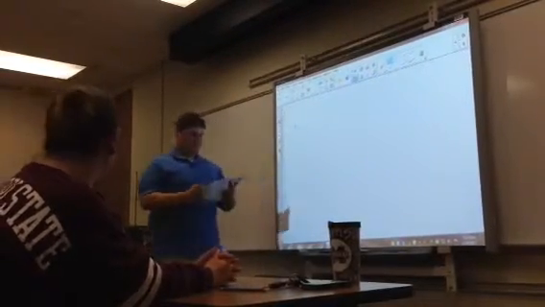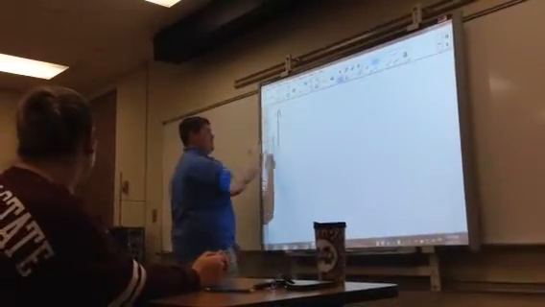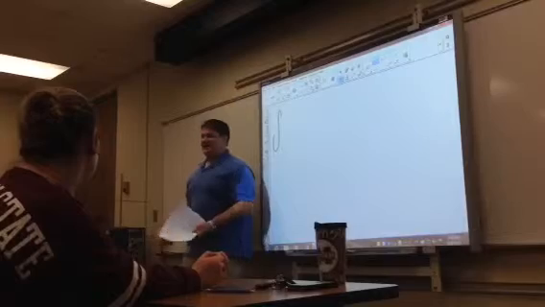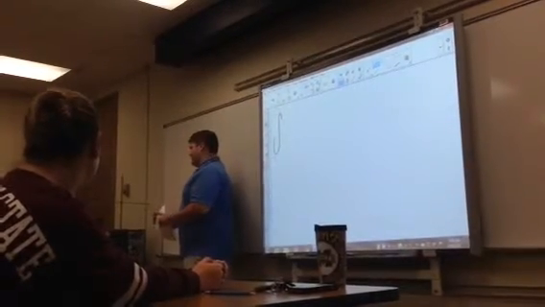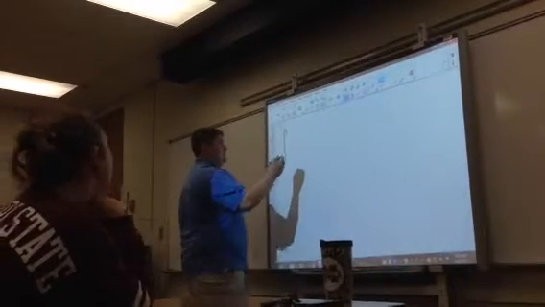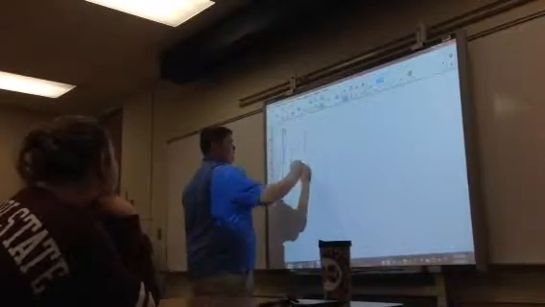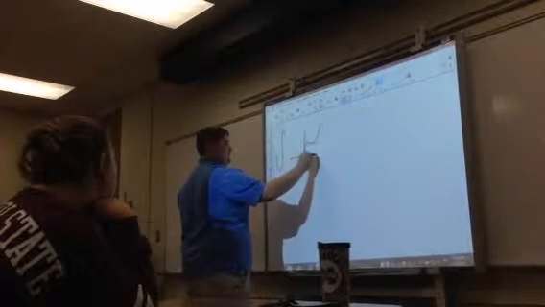Alright, so multiple integration. Integration is this symbol right here. It is basically an adding machine. That's all it does. Archimedes, if I'm not mistaken, was the guy that came up with integration. And his idea behind integration was that you have a curve on a graph, just some random curve here.